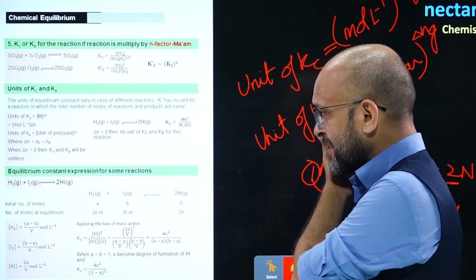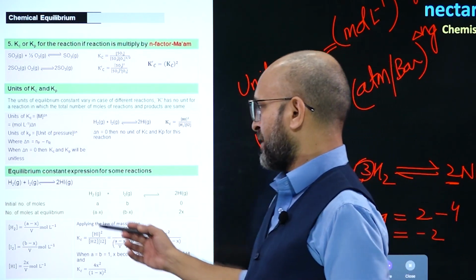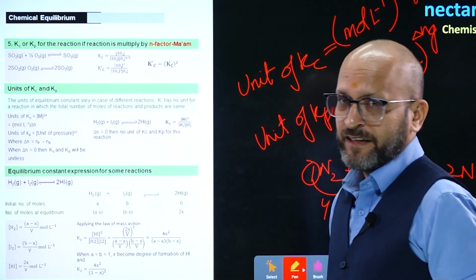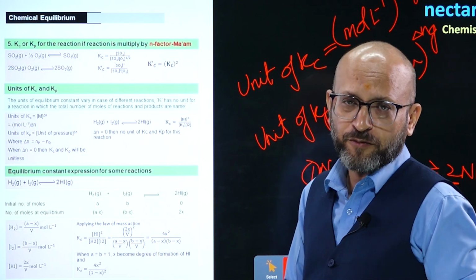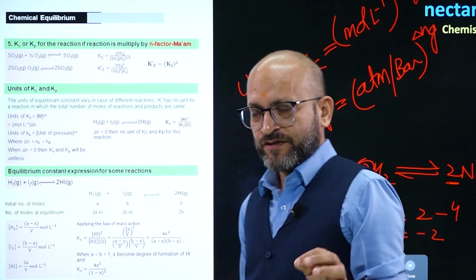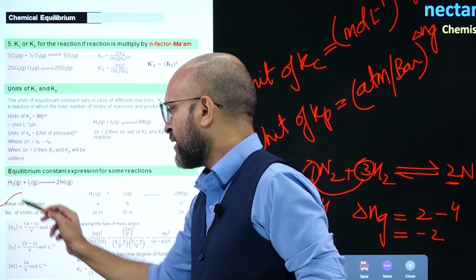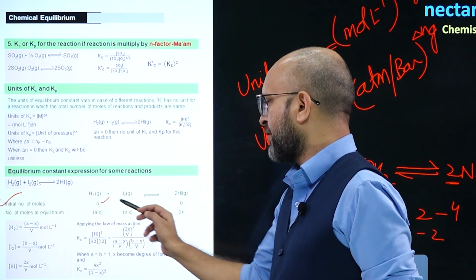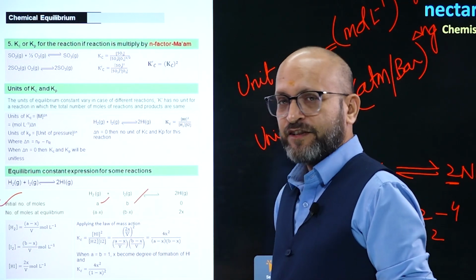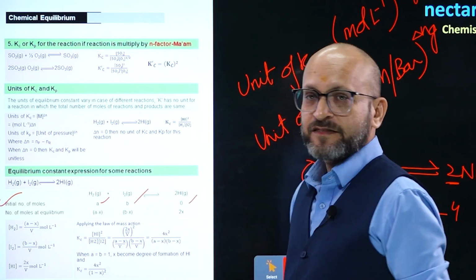Now, taking another example, we have H2 plus I2 gives you 2HI. So how do you calculate the equilibrium constant? You have to do two basic calculations. First, you take the initial number of moles, whatever has been given: A moles of H2 and B moles of I2, and initial moles of HI is 0.